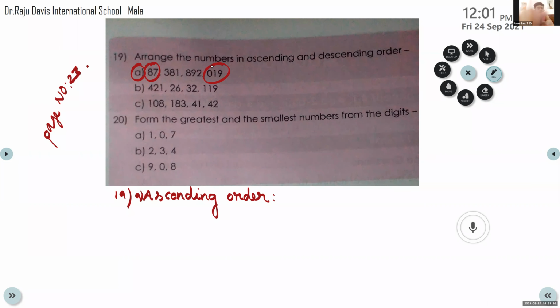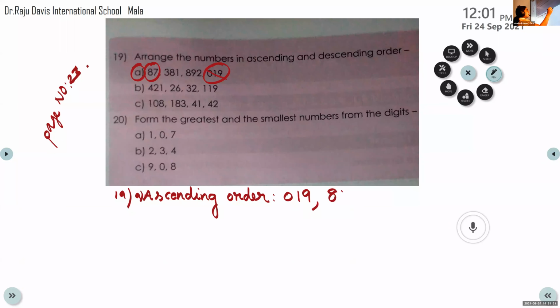We have 87 and 19, the two-digit numbers. We compare to get the smallest number. 19 is the smallest. So first we have to write 19. After 19, what do we have to write? 87.